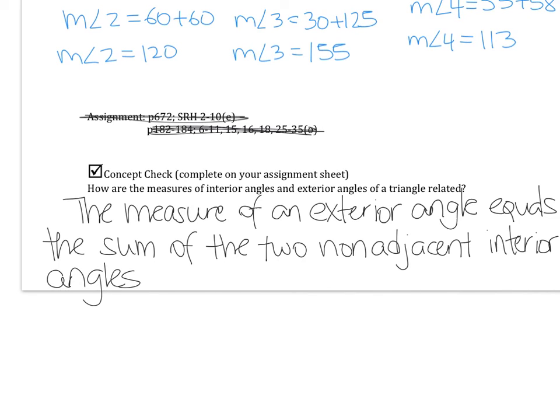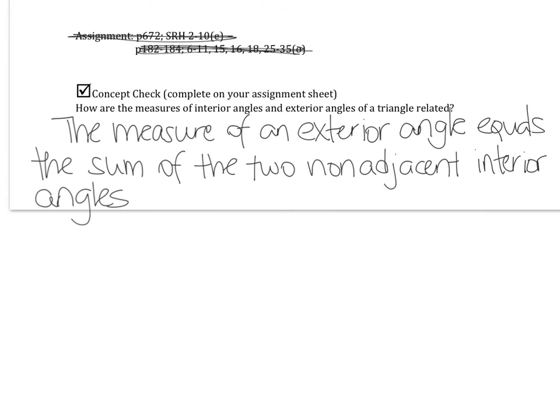And I also want to just mention one other thing that we didn't mention earlier, and that is if we would draw a triangle with angle 1 being an exterior and angle 2 being an interior, the exterior plus the adjacent interior equal 180.